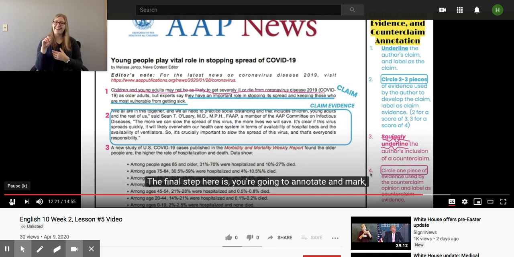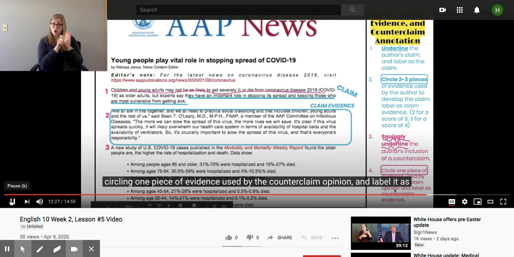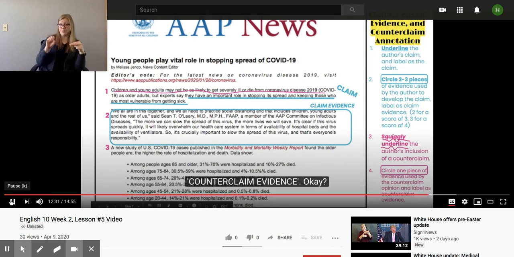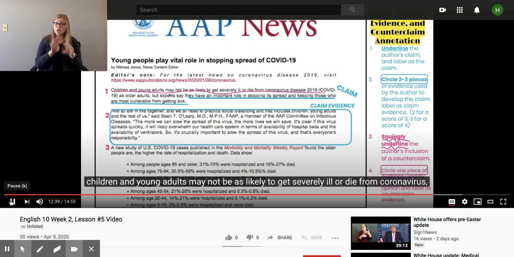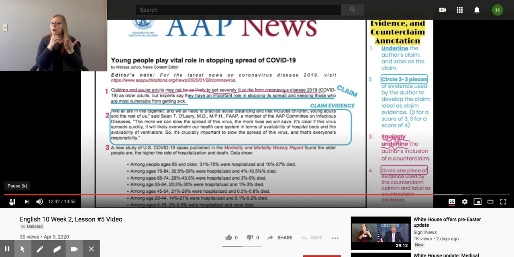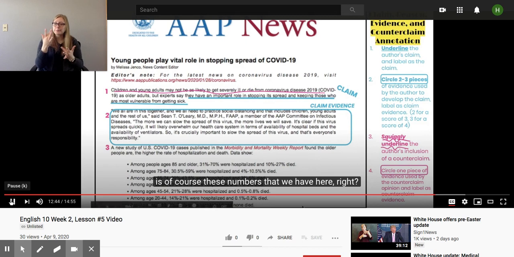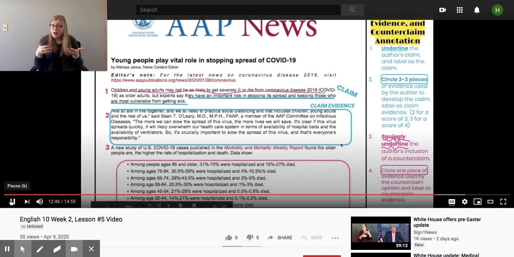The final step here is you're going to annotate and mark, circling one piece of evidence used by the counterclaim opinion and label it as counterclaim evidence. Okay, so where I saw some evidence included that supports children and young adults may not be as likely to get severely ill or die from coronavirus is, of course, these numbers that we have here, right?